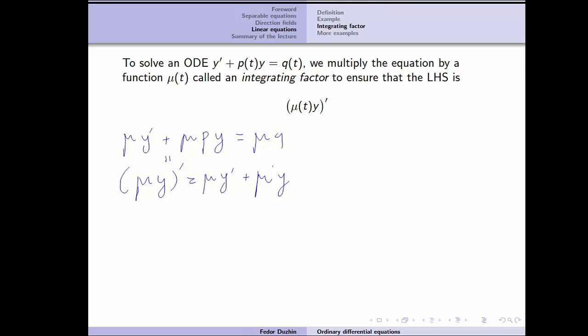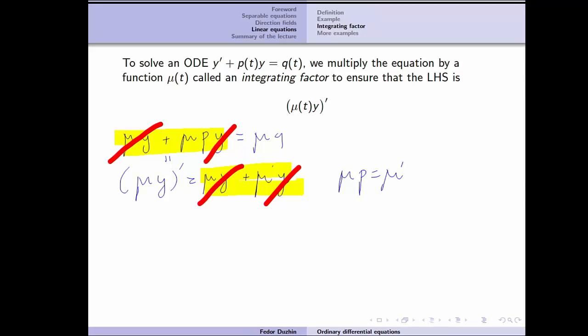So this whole thing should be equal to this whole thing. So let's just mention that mu y prime here and here we have. Then the rest is mu p y equals mu prime y. Of course, y and y cancel out, so the remaining part is just mu p equals mu prime.